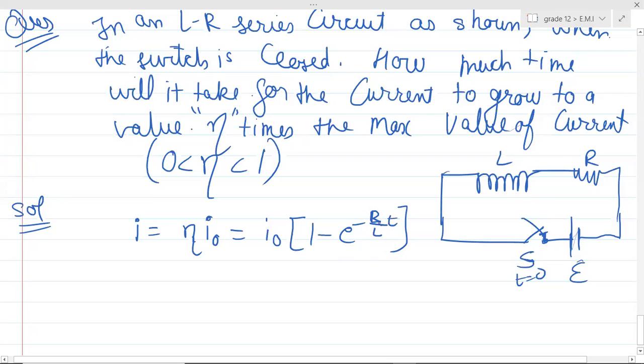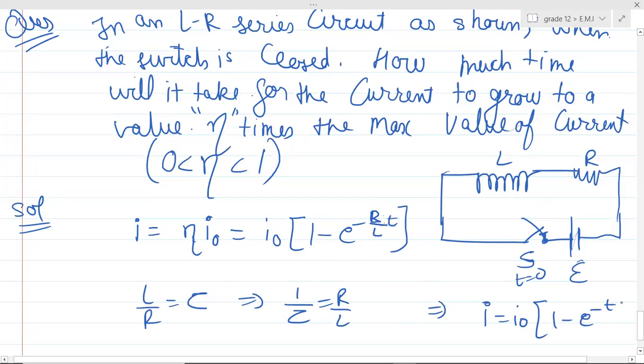By the way, this was e to the this thing. I told you that R by L is basically 1 upon tau, right? If L by R is tau, then 1 upon tau is basically R by L. So I can write this R by L as 1 upon tau as well. So the same formula I can write as I equals I naught into 1 minus e to the power minus t by tau.